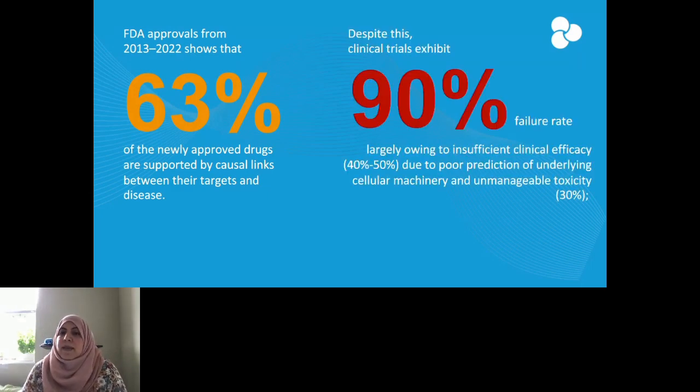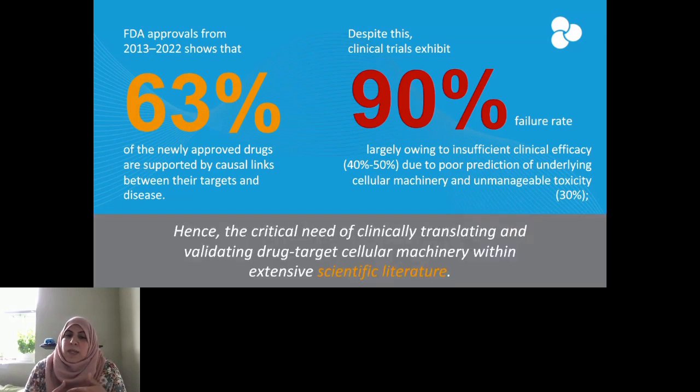But despite this, clinical trials exhibit a 90% failure rate. This is due to the poor prediction of underlying cellular machinery and unmanageable toxicity. That's why we need to clinically translate and validate drug target cellular machinery within extensive scientific literature.